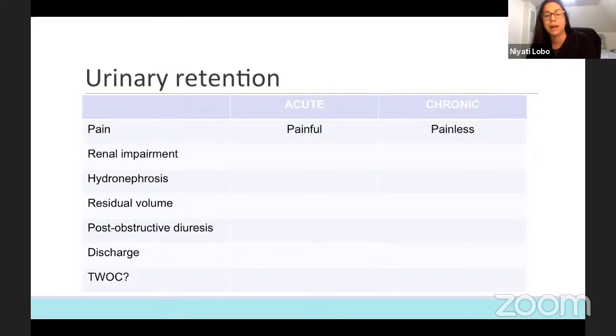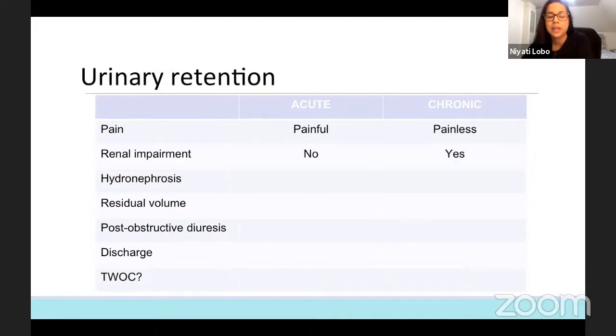You and I will be able to store about 500 mils in our bladder before we really need to go to the toilet. However, patients with chronic retention often have, as I say, 1.5 litres, 2 litres, 3 litres. The most I've ever seen is 9 litres, and that patient looked pregnant. So that is a clue as to whether you've got acute or chronic retention: whether or not the patient's in pain.